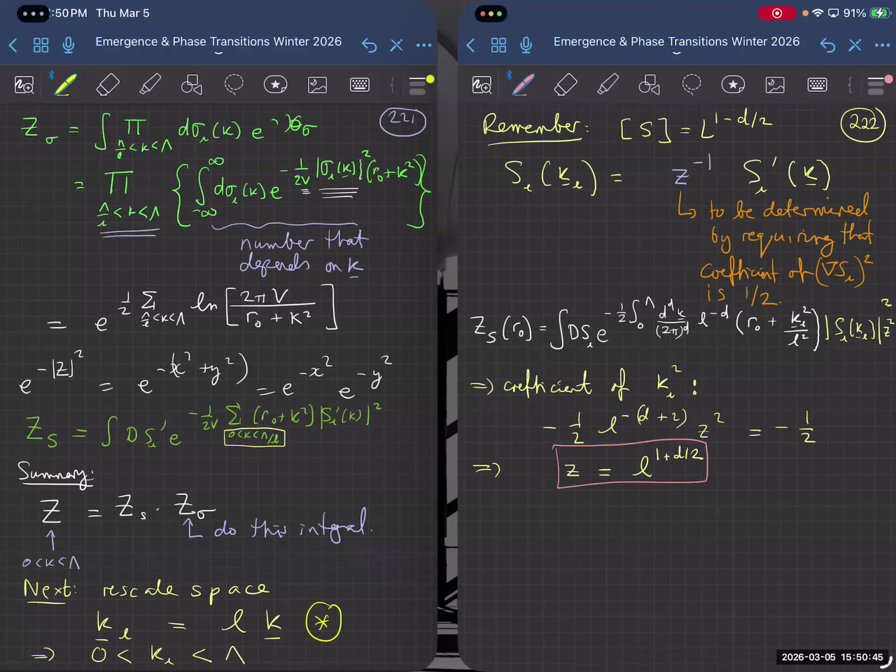And so what that means is that in these terms, Z_S of R0 is now equal to the integral dSL e to the minus 1/2 integral from 0 to lambda dKL over 2 pi to the d, RL, which I'm going to write down what it is in a minute, KL squared times SL of KL absolute value squared.